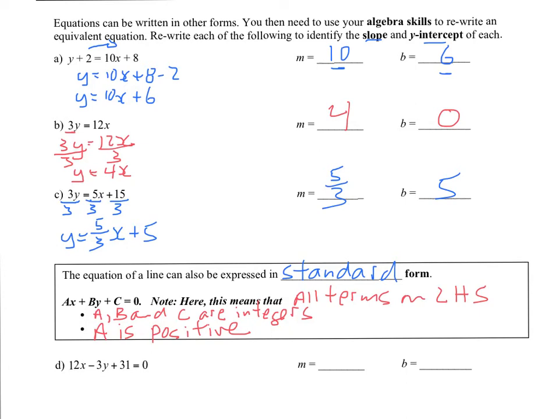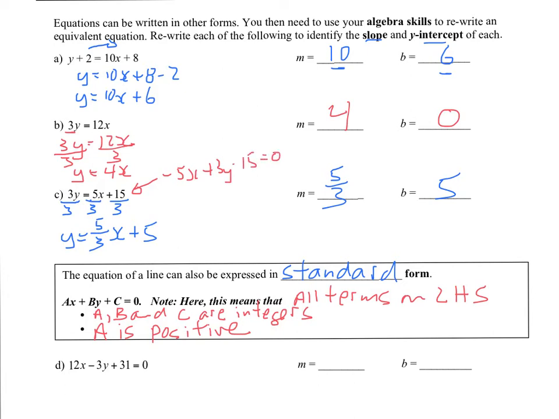If I look back above, this isn't in standard form. To change that to standard form, I would have to bring the two terms on the right over to the other side, which would give me negative 5x plus 3y subtract 15 is equal to 0.